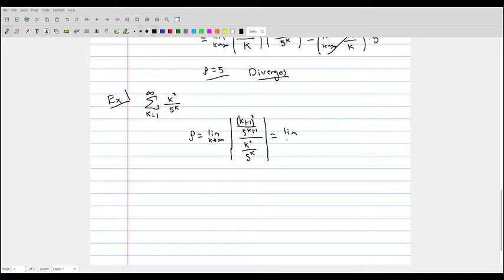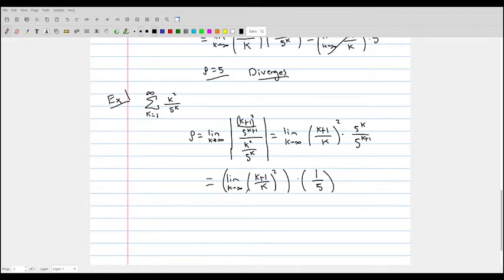This is the same thing as the limit as k goes to infinity of (k plus 1) squared over k squared times 5 to the k over 5 to the k plus 1, which is the same thing as the limit as k goes to infinity of (k plus 1) squared over k squared times the limit as k goes to infinity of 5 to the k over 5 to the k plus 1, which is 1/5.